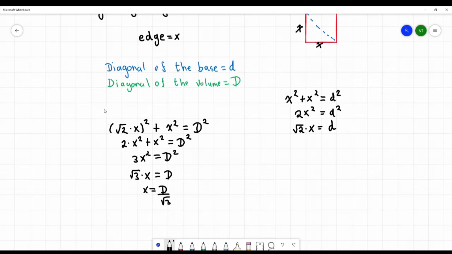Okay, so we found the edge as a function of the diagonal.